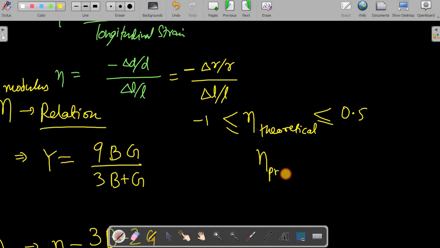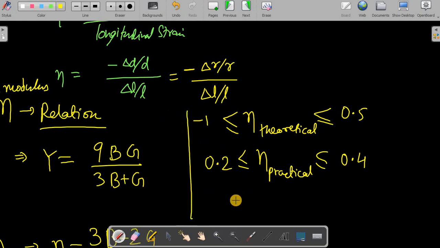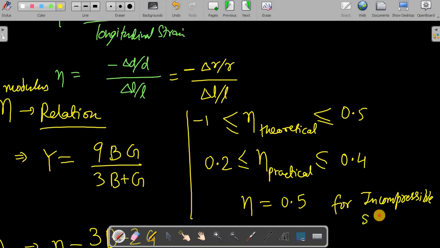But the practical limit is from 0.2 to 0.4. For an incompressible substance, the value of Poisson's ratio becomes 0.5. So we can know these values.